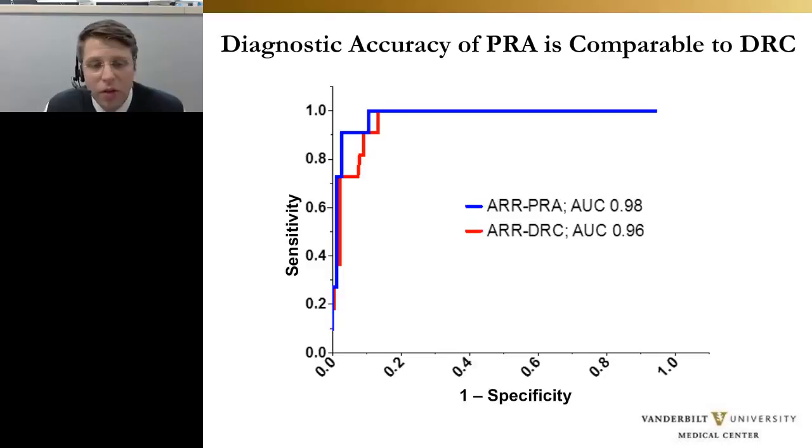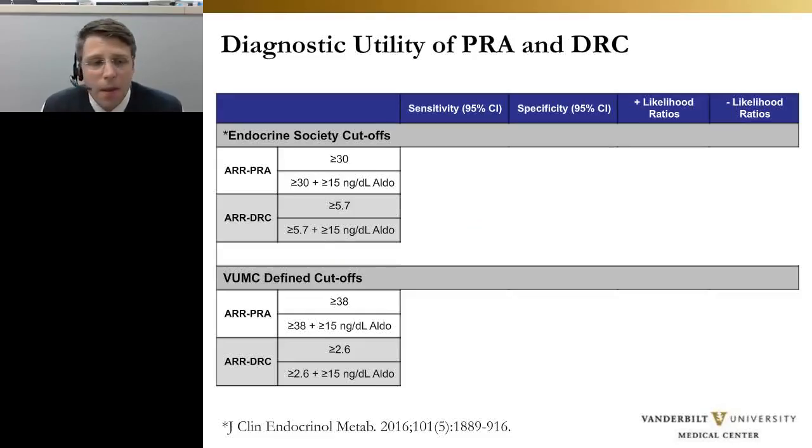In addition, from this analysis, we were able to pull out some useful information to select specific in-house laboratory cutoffs at optimal sensitivity and specificity for both of our methods that are being run currently in-house. From there, we were able to determine the diagnostic utility of the aldosterone to renin ratio calculated with either plasma renin activity or direct renin concentration at the Endocrine Society recommended and our newly defined in-house determined cutoffs.